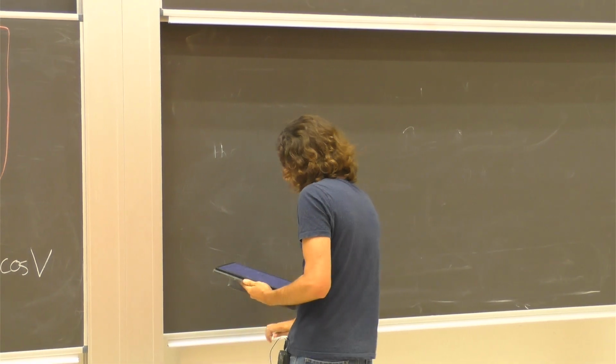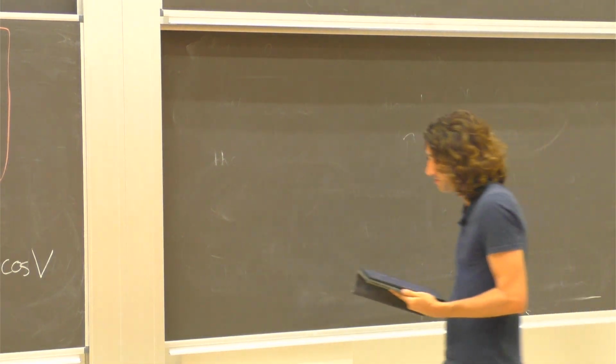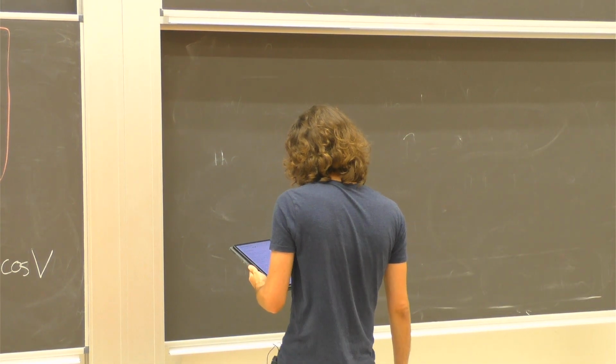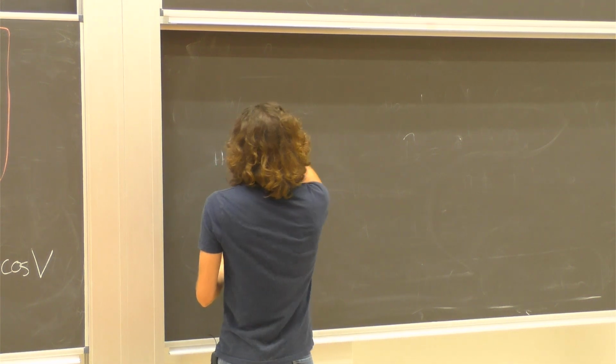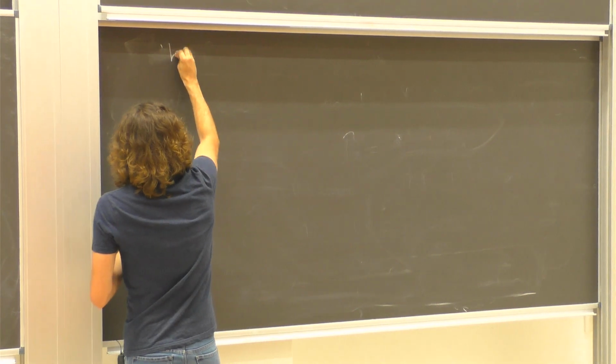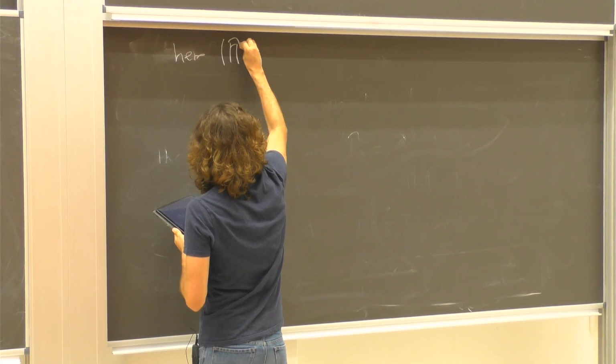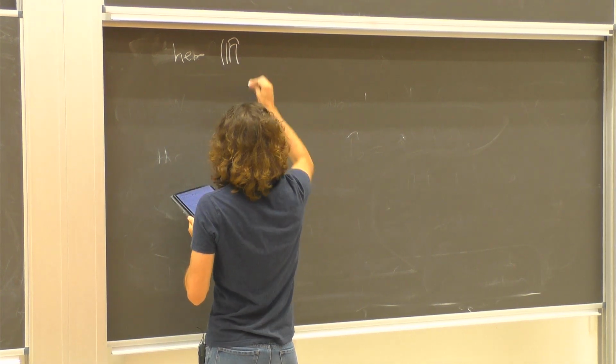So here I'm going to write a bunch of facts about the construction in such a way that, in fact, this is going to be the definition of a generic asymptotically flat spacetime. Here, I note with tildes the Minkowski space metric.